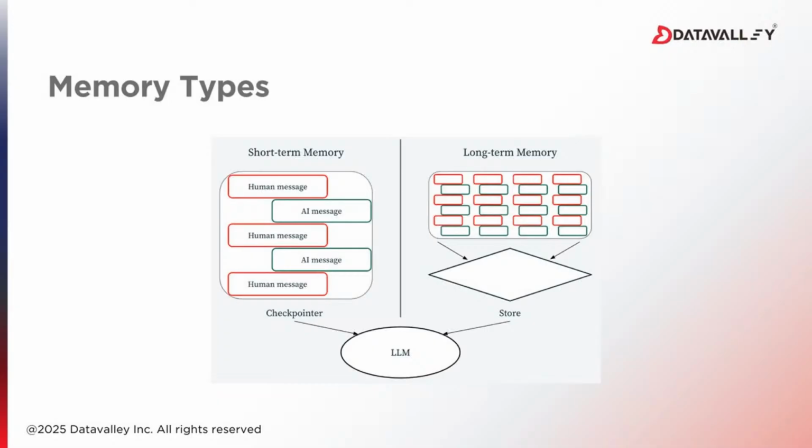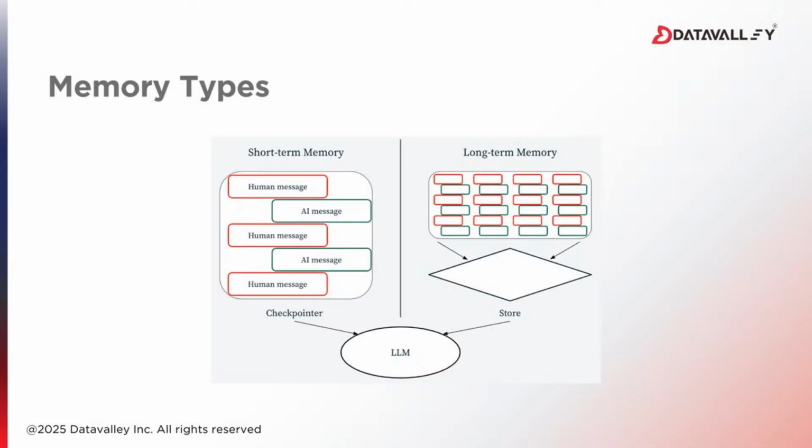It can store much larger amounts of data than short-term memory, so it can remember things across many interactions and sessions. How it will remember, we will see, because it has vector stores.